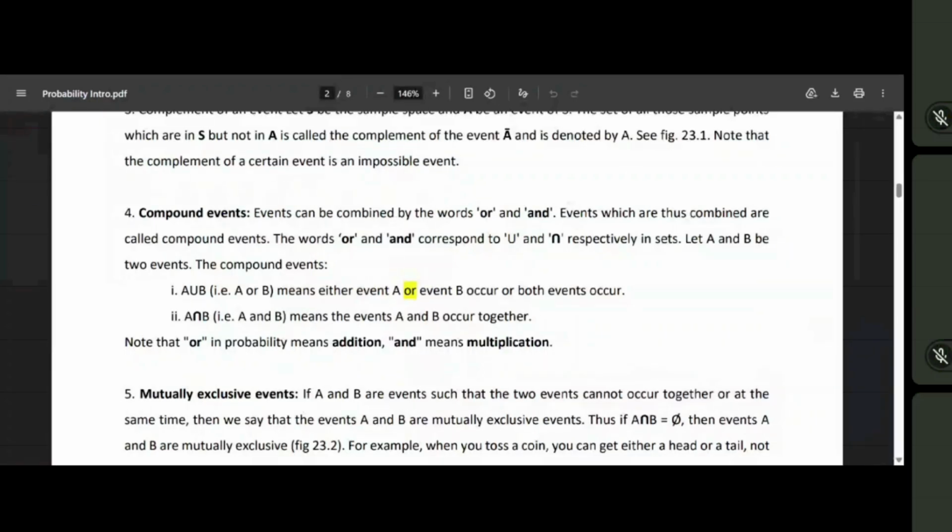The word and, intersection, they tell you that you are multiplying. So if you have A union B, it means either A or B, either event A or event B, or both events occur. A intersection B means A and B occur together. It's a little abstract for now. When we start solving the questions, you get it better.